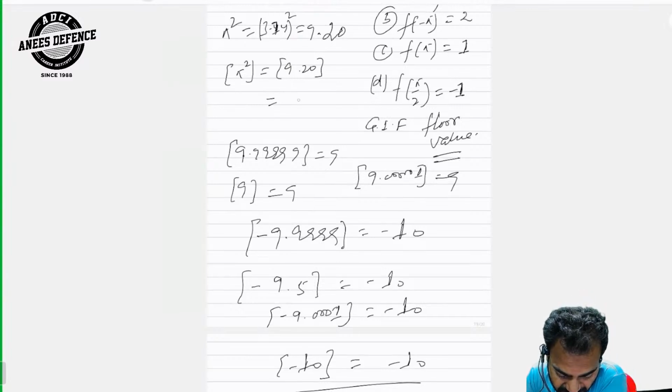So the greatest integer of pi square will be 9. For minus pi square, which is minus 9.2, the greatest integer is minus 10. Any problem?